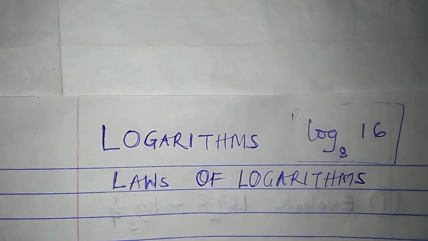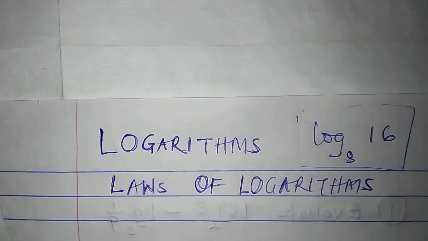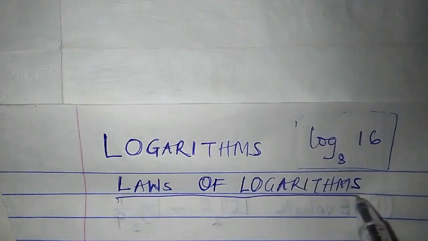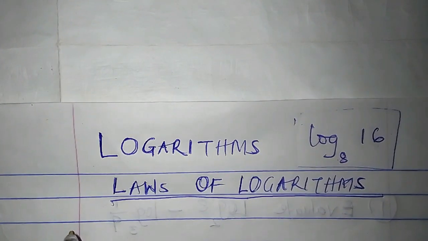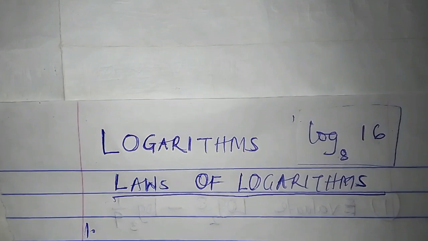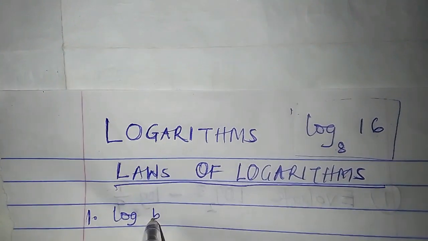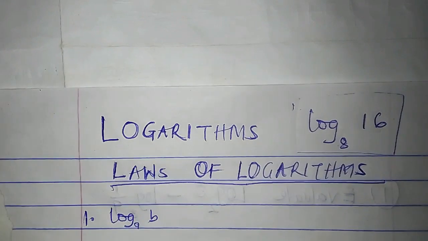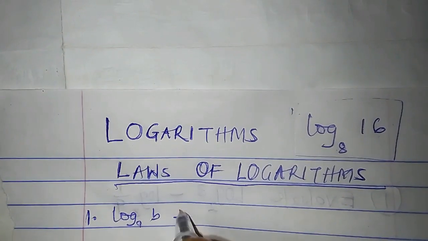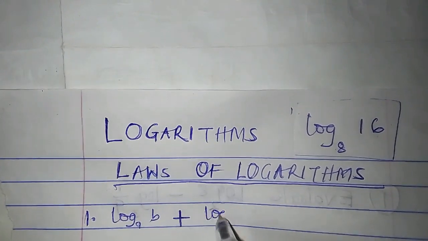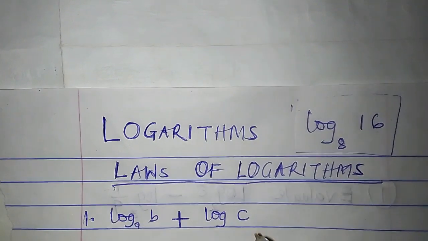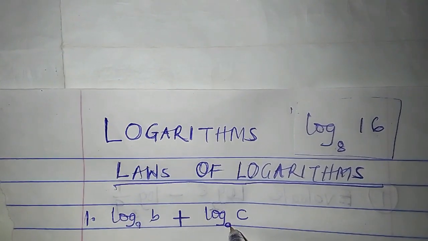So these are the laws of logarithms. The first law: I have the logarithm of a number, let's say b, to base a, plus the logarithm of another number, let's say c, to the same base a.